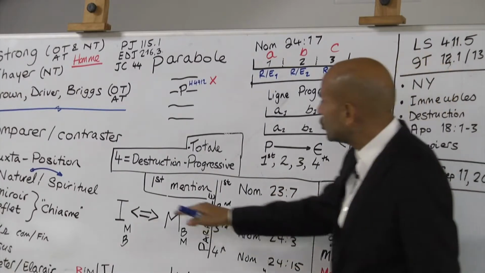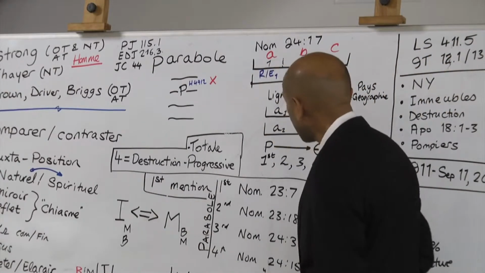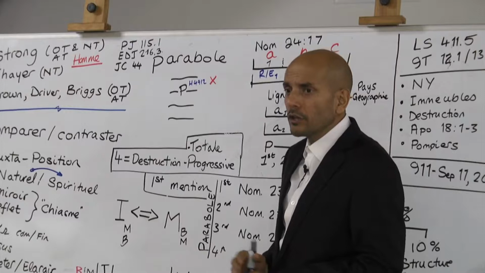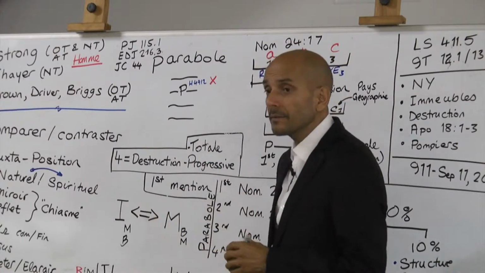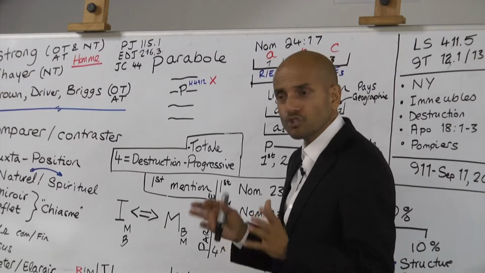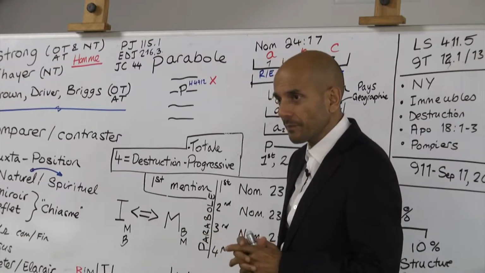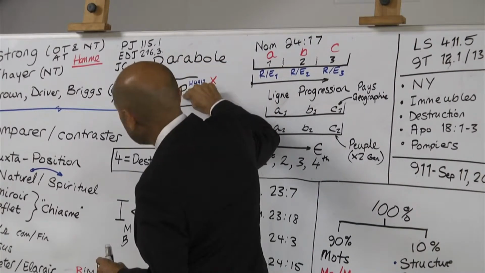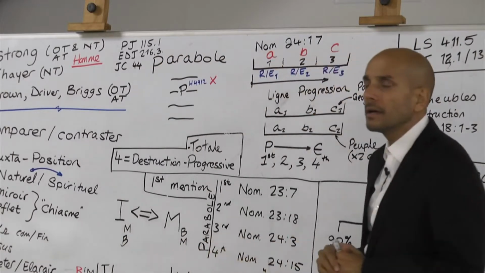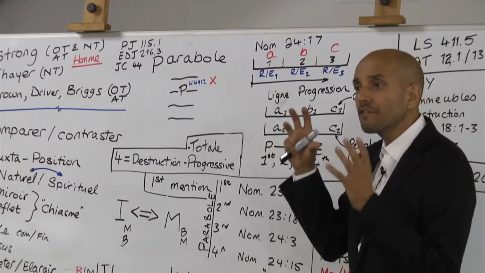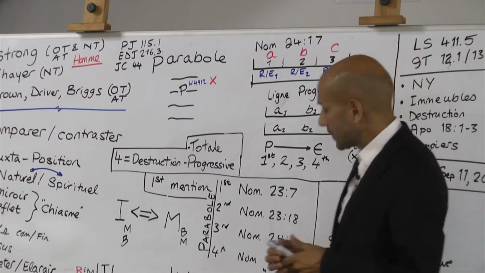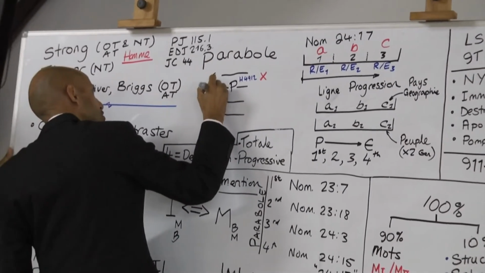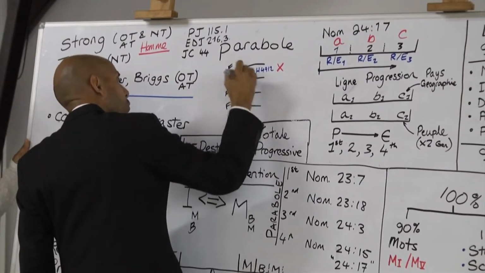But if you're using first mention, you don't go to another language. You stay in the language that you're reading, whether Portuguese, French, or English. And you see how that French word used for parable is being used in the French language, because all of these verses are in French, and the word itself is in French.